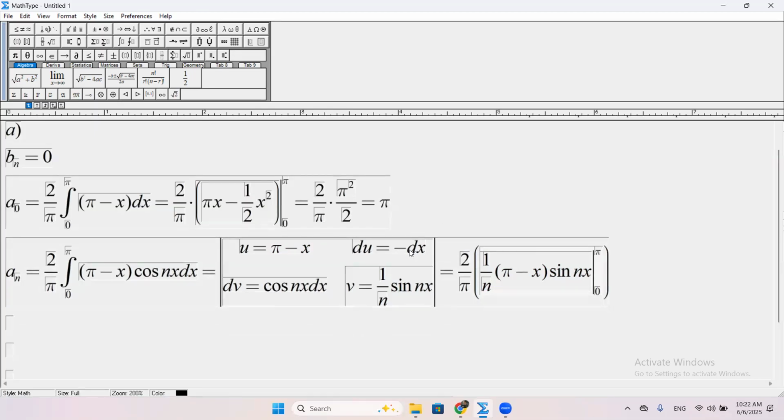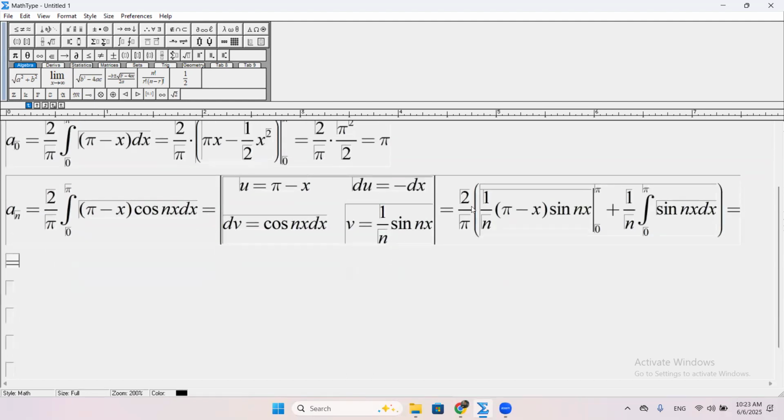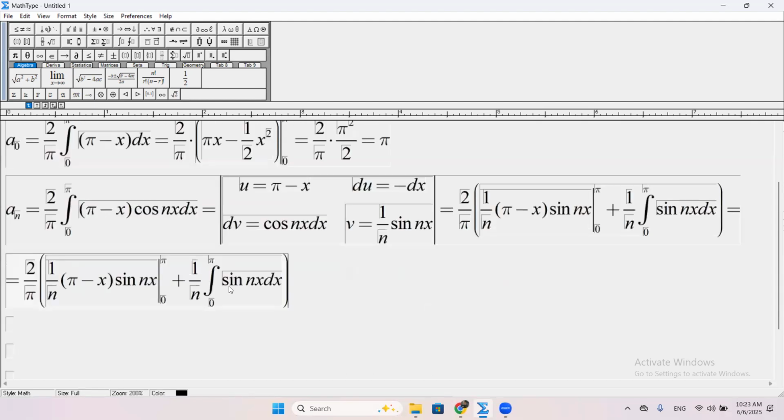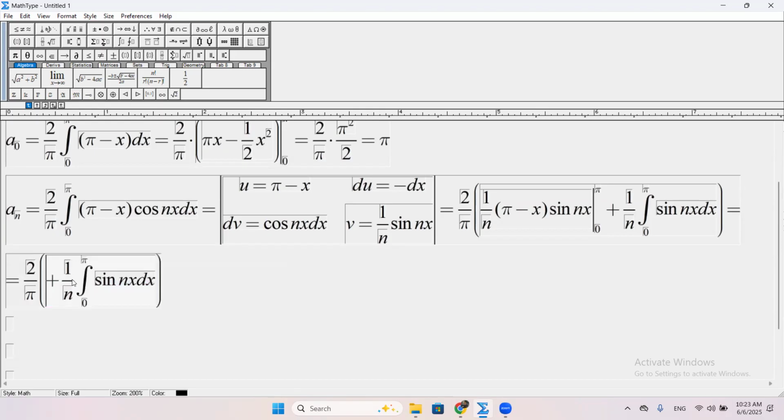And since du equals minus dx, plus 1 over n integral from 0 to p of sine of nx dx. And now let's simplify it. This expression will be equal to 0.